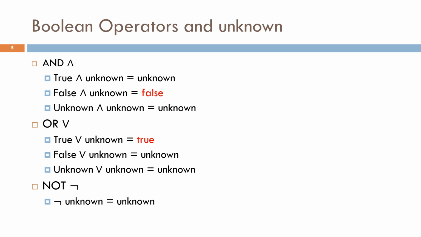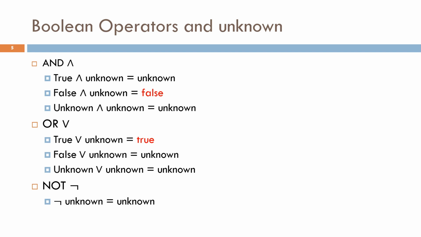Logically, when we combine false with unknown using the AND operator, the result will definitely be false, because only when both conditions are true can the overall statement be considered true. Now, unknown and unknown remains, of course, unknown.